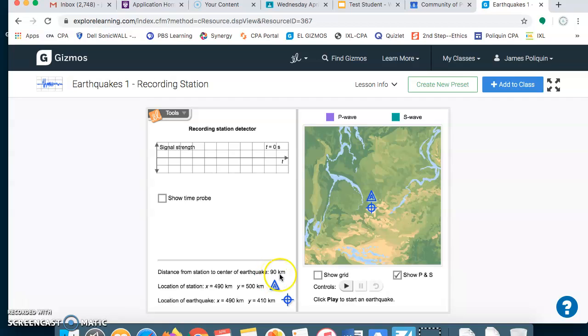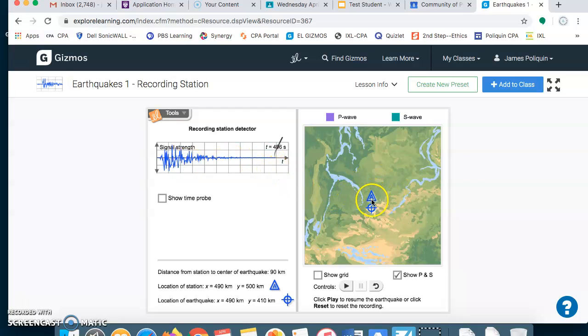That's about 52 miles about. So let's see what happens here. 52 miles away. Let's see what happens at our recording station. Wow. Wowee, wow. So, notice what happened right off the bat.